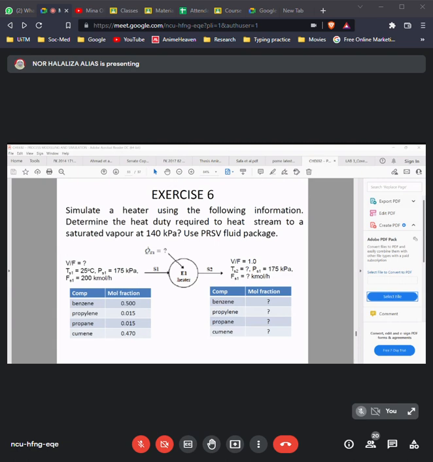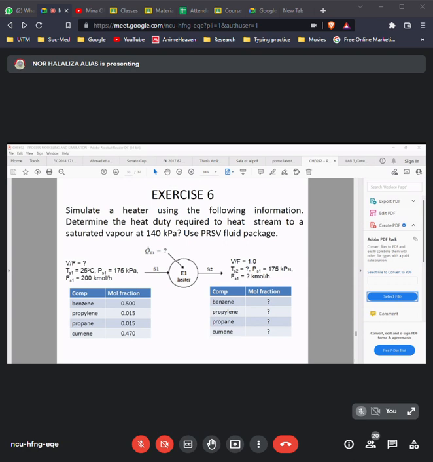Okay, so in exercise 6, this time we use the heater. The question is: simulate a heater using the following information and then calculate the Q required to heat the stream to a saturated vapor at 140 kilopascal. Use PRSV as a fluid package. So kita ni lebih kurang macam heat exchanger.